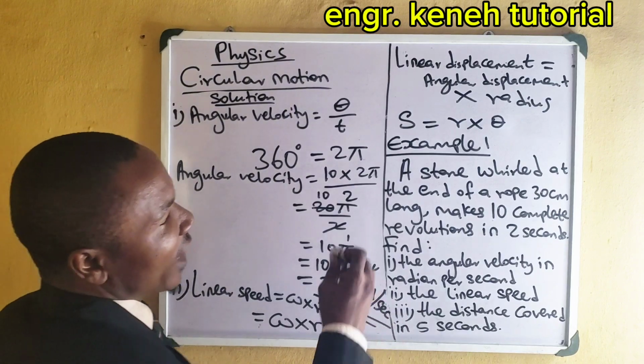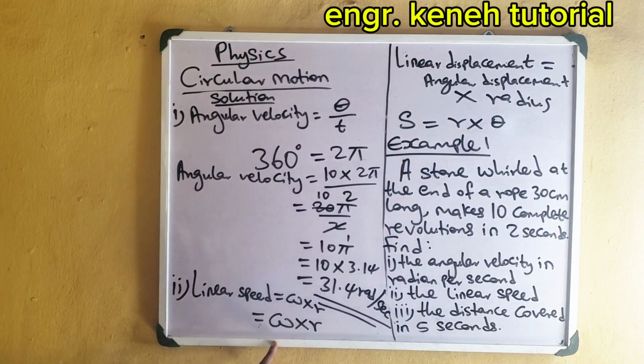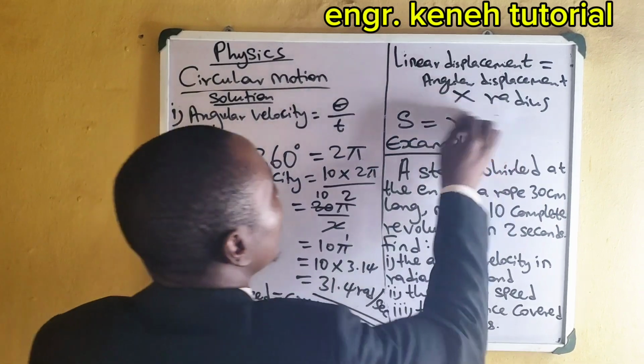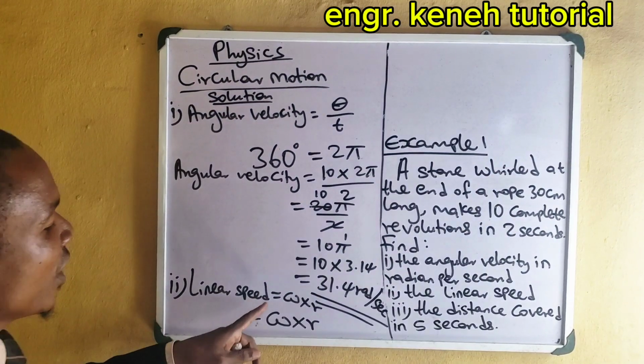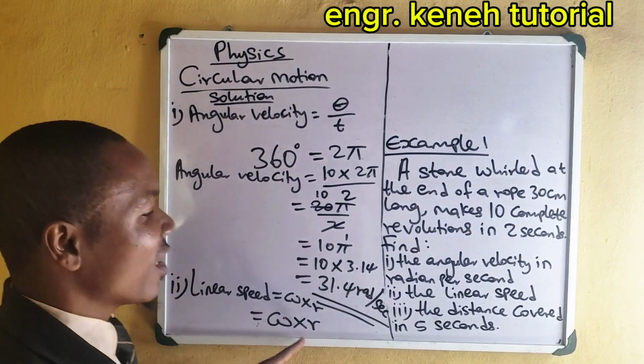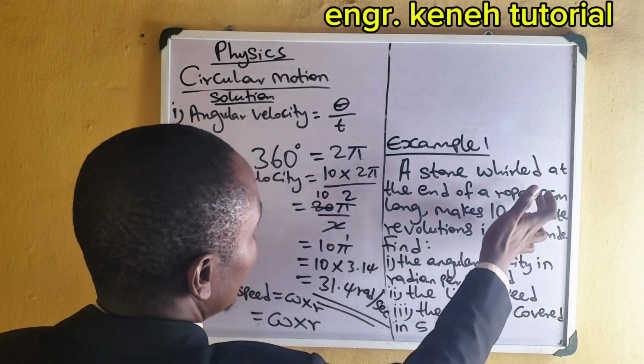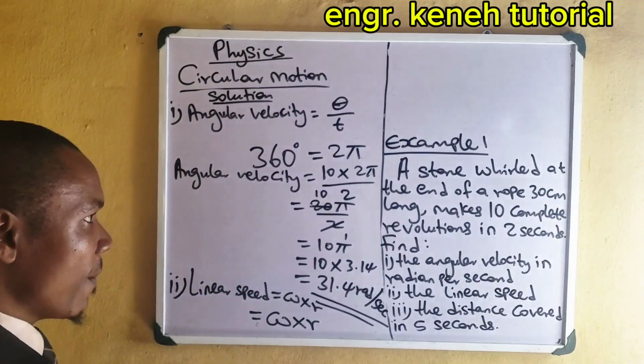Let us continue over here because I don't have much space. Like I said, linear speed is equal to angular velocity times radius, and we said that the radius is the length of this rope.